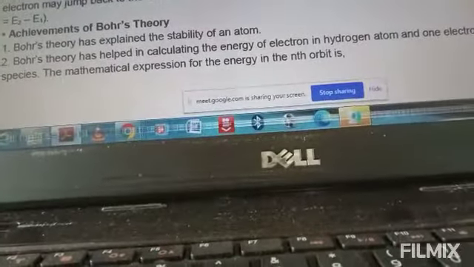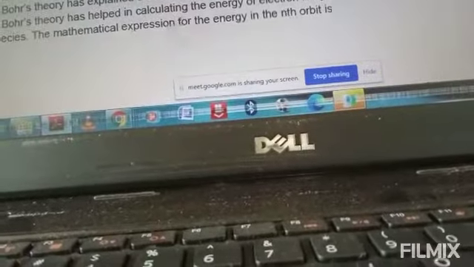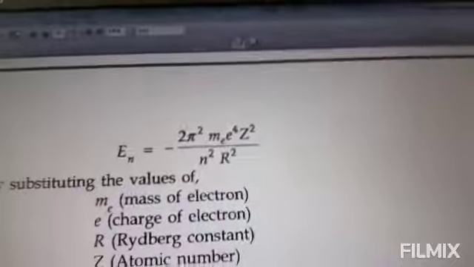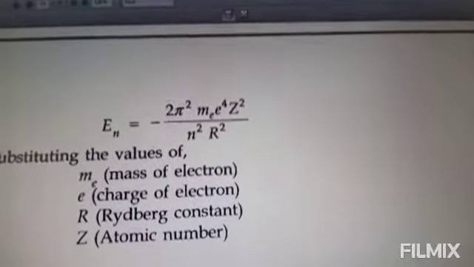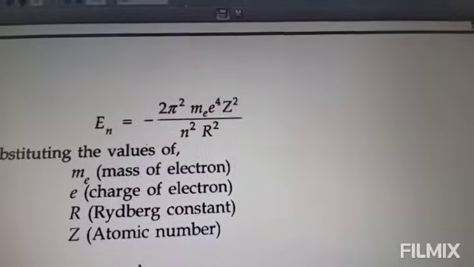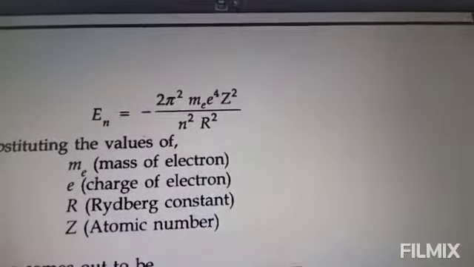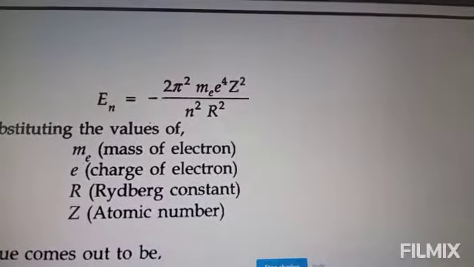And the mathematical expression for the energy of the nth orbit is En equal to minus 2 pi square m e to the power 4 Z square divided by n square h square.